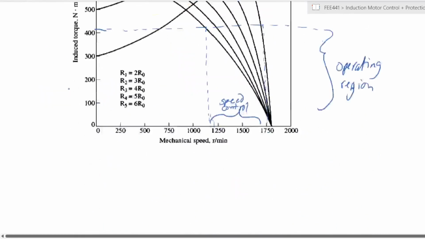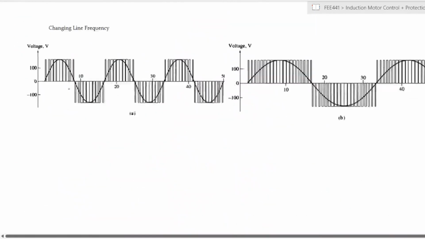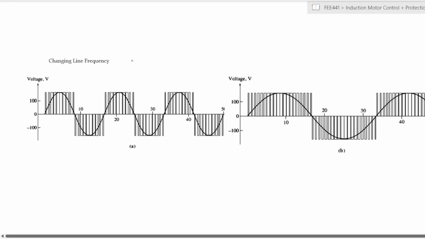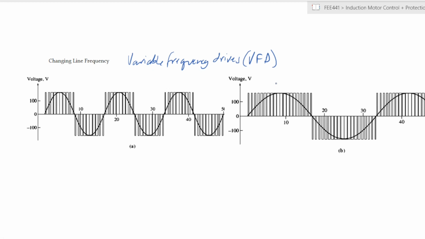So how do you change the frequency of a motor? You change it through what are called variable frequency drives. Variable frequency drives use a method of switched power supply in which it is either off or on. And by changing the magnitude of the power supplies, you have different values of voltages that in the end appear to the motor as if they are an AC voltage.